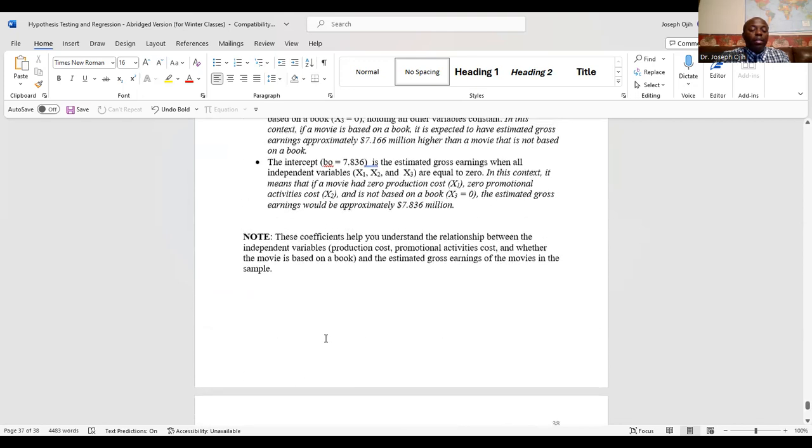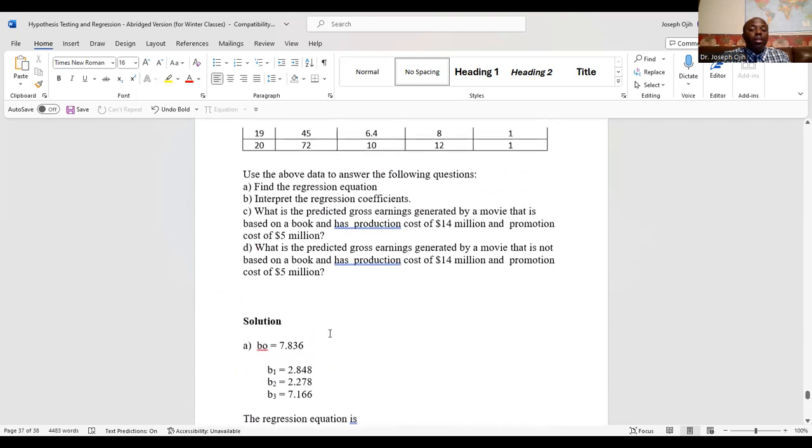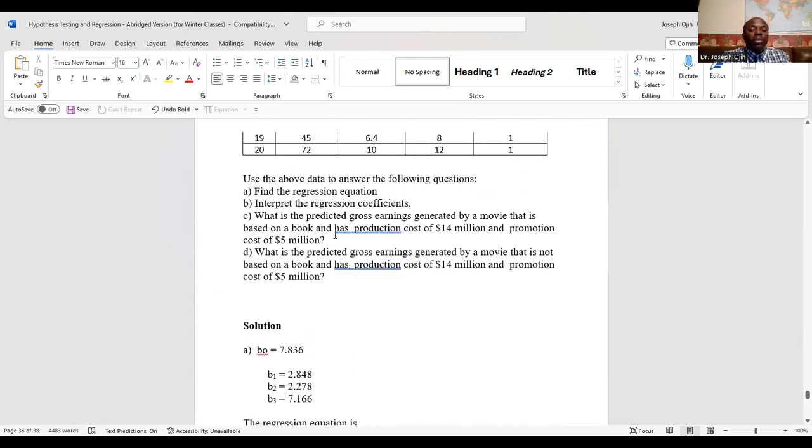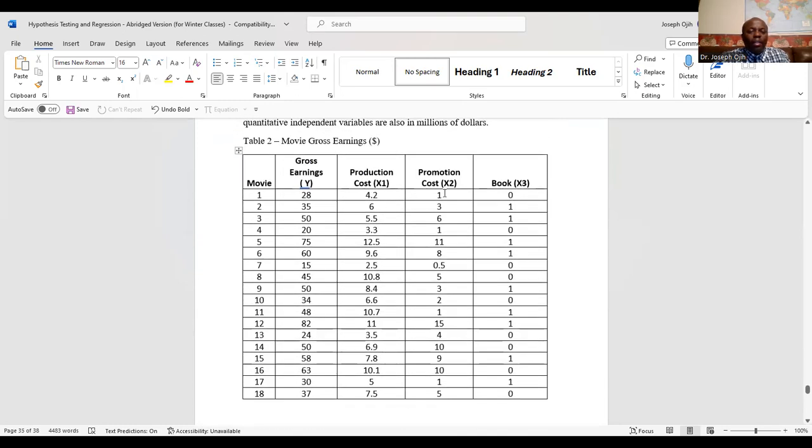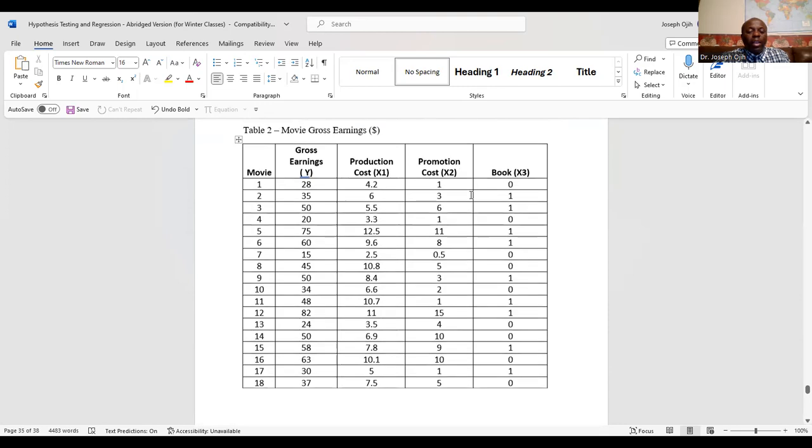So part C says, what is the predicted gross earning generated by a movie that is based on a book and has a production cost of 14 million and a promotion cost of 5 million. See, the production cost is X1 and the promotion cost is X2.